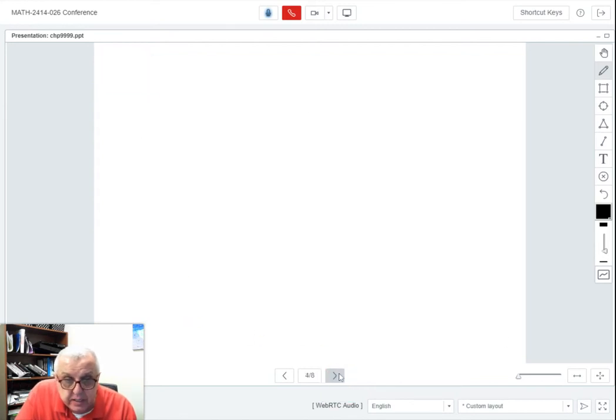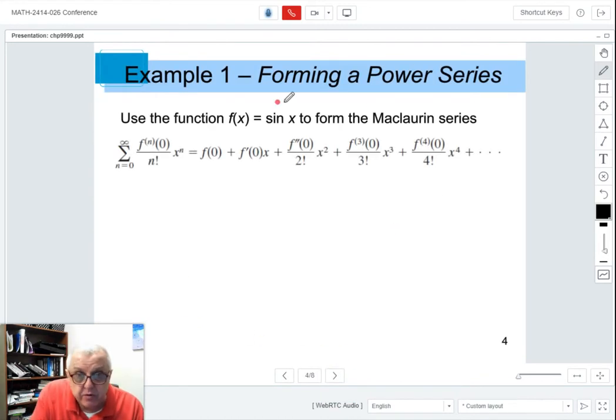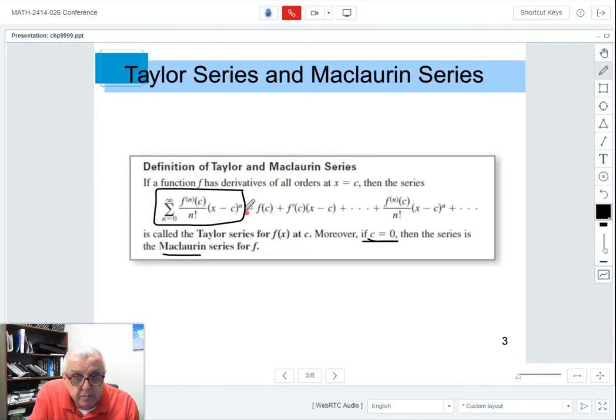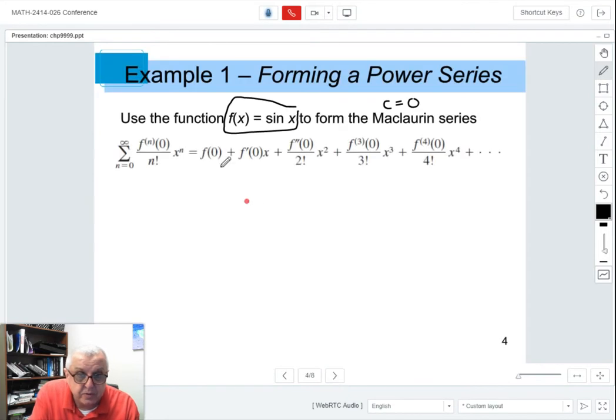So here is our function. It says to form a Maclaurin series. In other words, we know if we say Maclaurin, then c equals 0 in our function. So I'm going to come back and write this down, f^(n)(c) over n factorial times (x minus c) to a power of n, if I can remember all that.